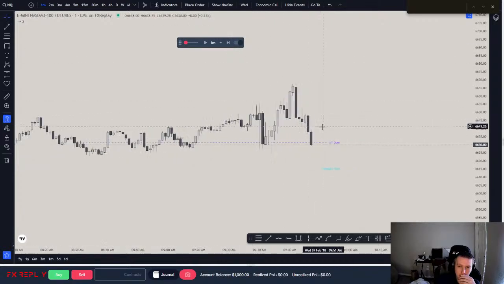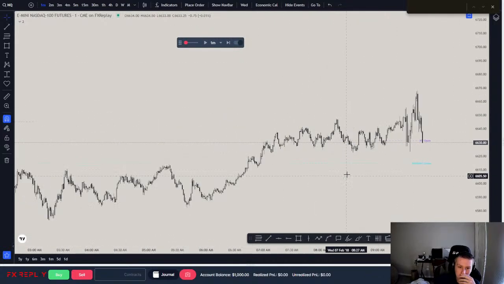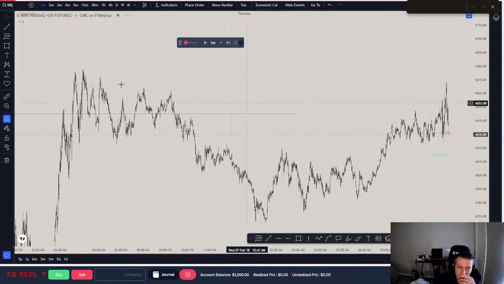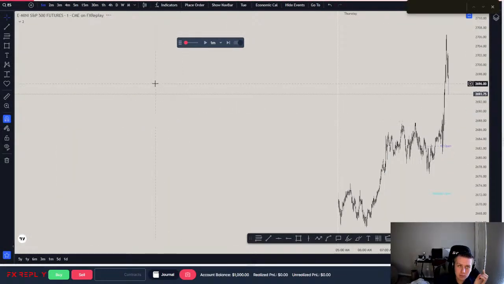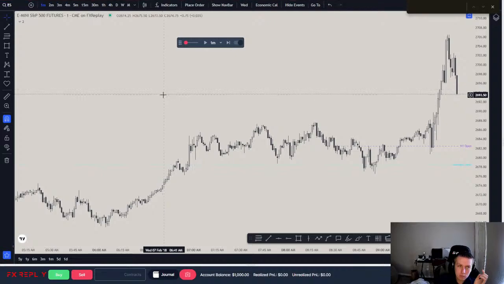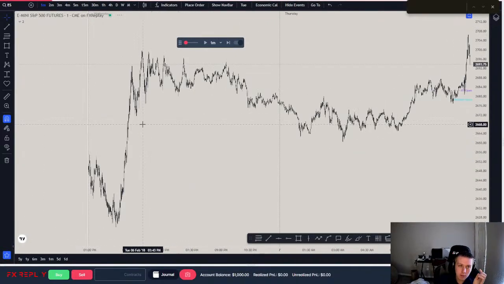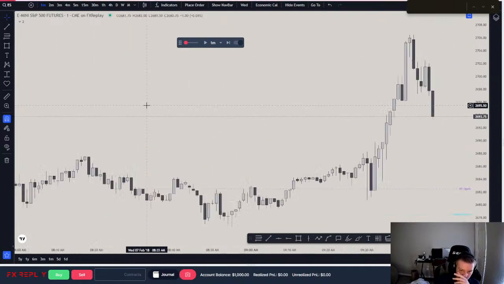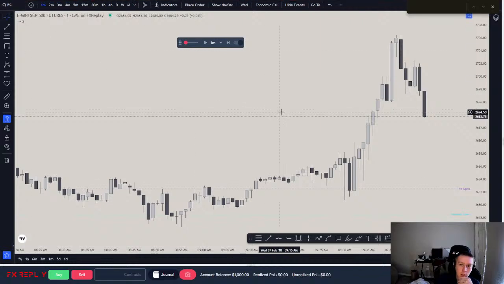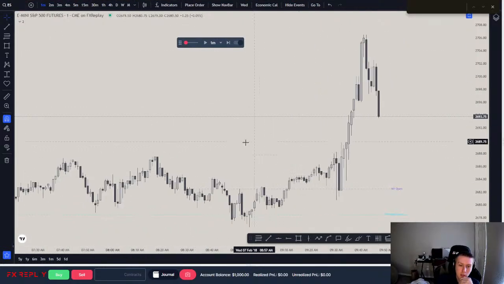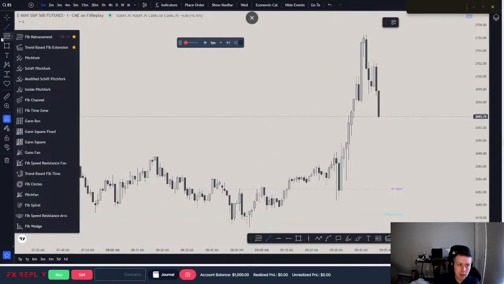Fair value gap in, fair value gap out. If ES is taking these highs, it would make more sense. I think we're going to see these lows now. ES, we have SMT at the highs.